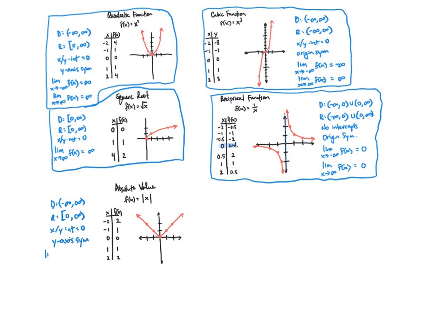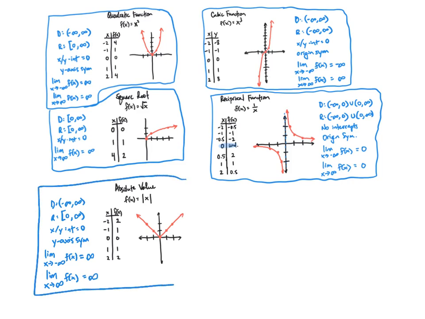And then the end behaviors, both sides: as you go to the left, the function goes to infinity, and also as you go to the right infinitely, the function goes infinitely high. So here are your characteristics for your absolute value function. So these are the 5 real big ones that you really have to be familiar with. Once you're familiar with them, now you could talk about transformations on any one of those at any time.